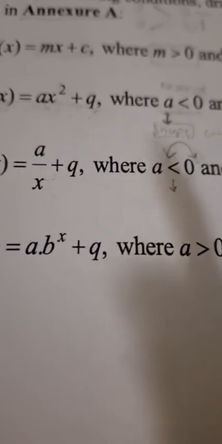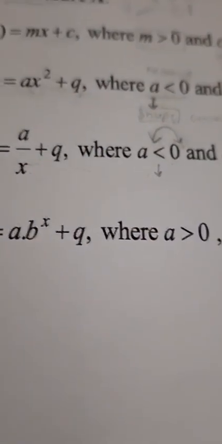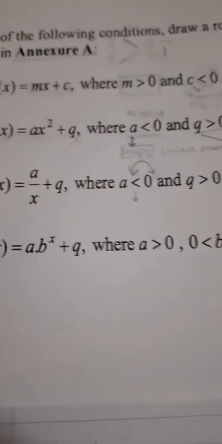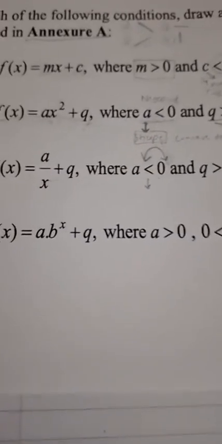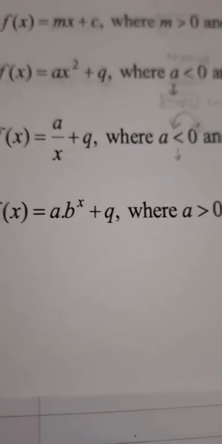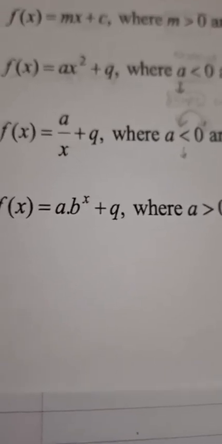What are we being told about the hyperbola when a is less than 0? I need to see who are the faithful listeners, the people that really understand their work for these functions. If a is less than 0 for a hyperbola function, what is that telling us?